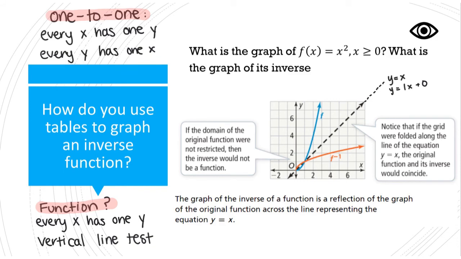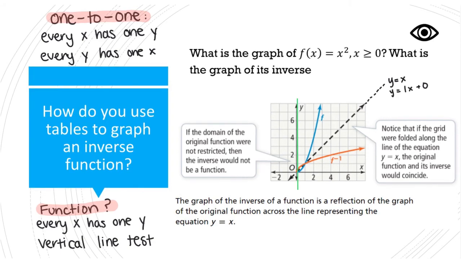A function is where every x has one y, and we do the vertical line test in order to figure that out. So if I created a vertical line here, let's use green, and I tried to see, does that blue line cross this green line more than once at a time? And no, it does not. And similarly with that red line, it doesn't cross the green line more than once at a time. Again, this is something we've talked about in class before.